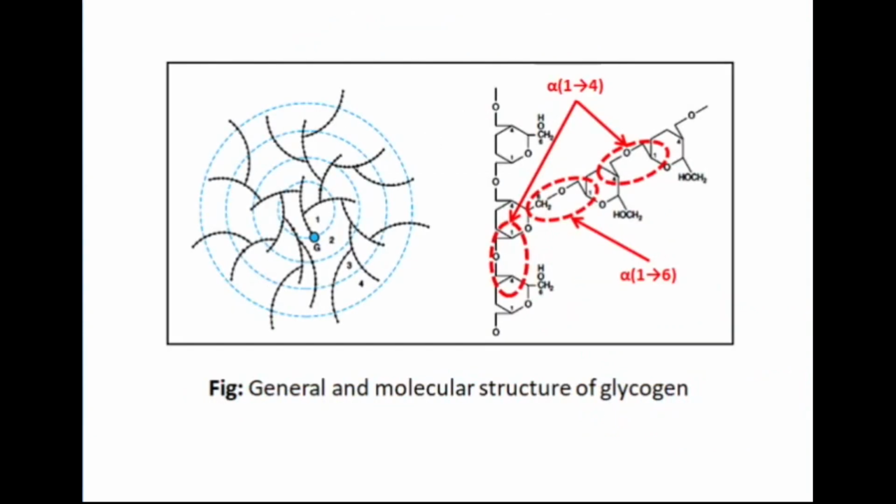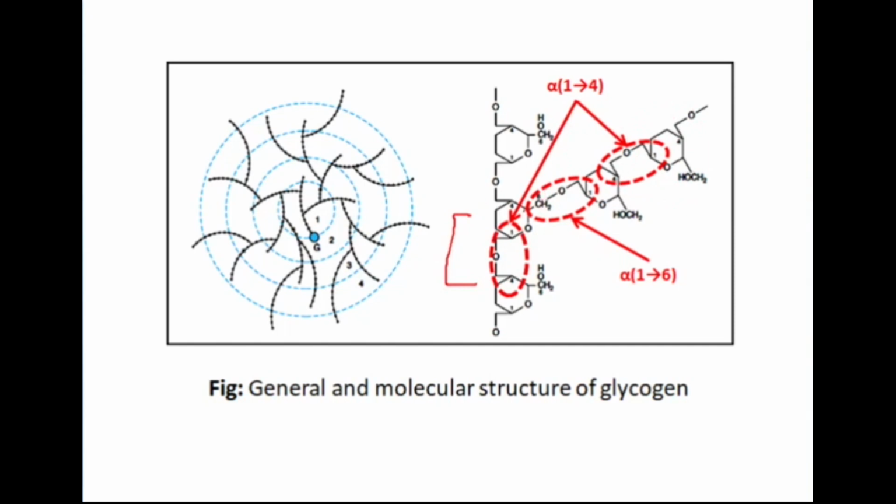So here in this diagram, on the left hand side, I'm showing you the general structure of glycogen, where you can see the branchings are present. And here I have shown you how this branching actually took place. So there are two linear chains. One chain is connected through alpha 1,4 glycosidic linkage. Here you can see alpha 1,4 glycosidic linkage. Then again, you can see alpha 1,4 glycosidic linkage in the next chain also.